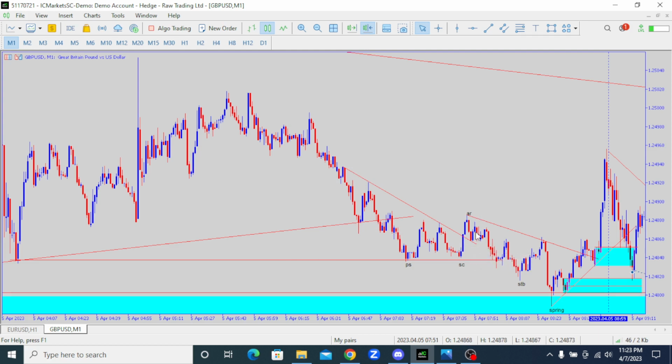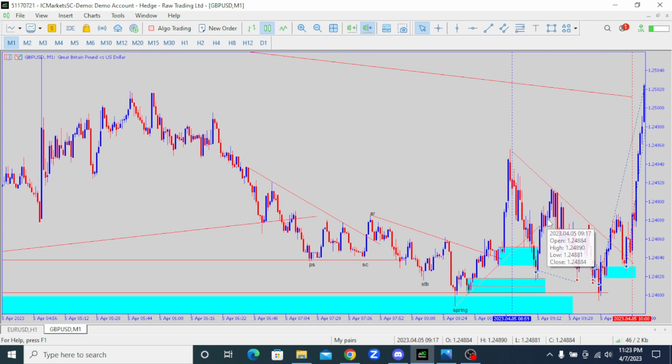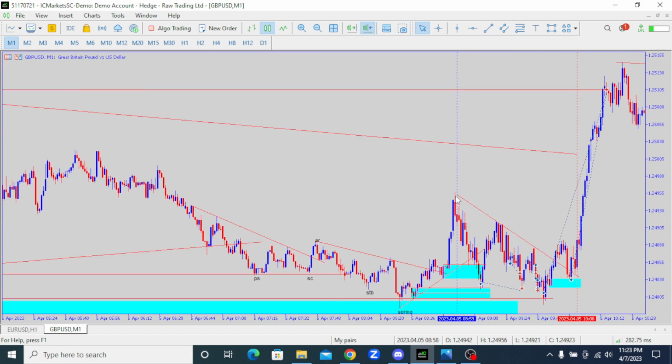So we manipulated, gave a bit of a reaction, and continued to the downside, manipulating these relative equal lows, and also went on to create this upside liquidity and this downside liquidity, both of which were liquidated before the price created another upside liquidity.